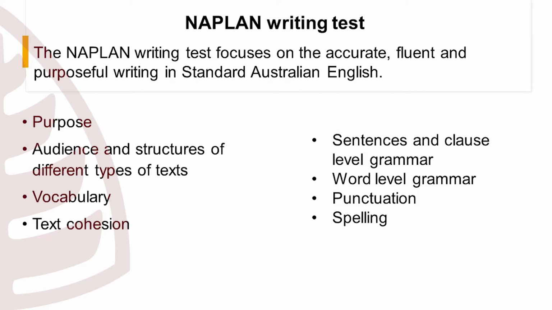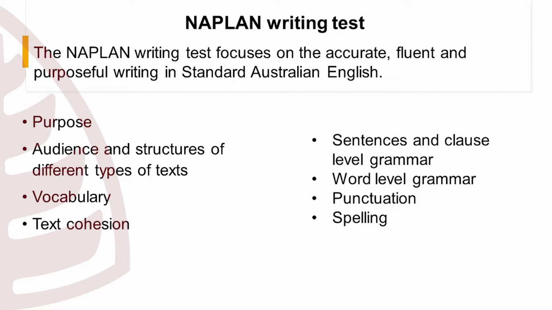Do they have sufficient vocabulary, content appropriate and topic appropriate vocabulary, and also vocabulary that will allow the reader of the text they are composing to employ the comprehension skills we addressed in the previous slides?